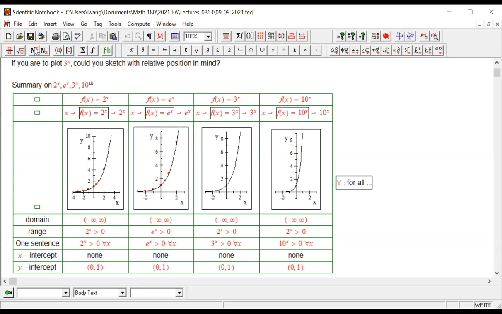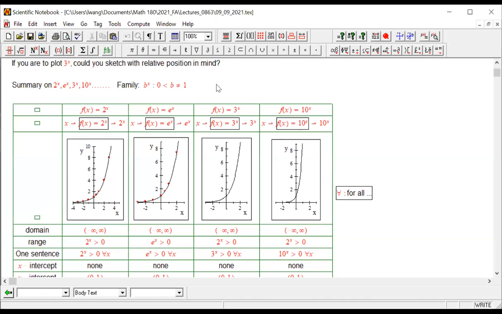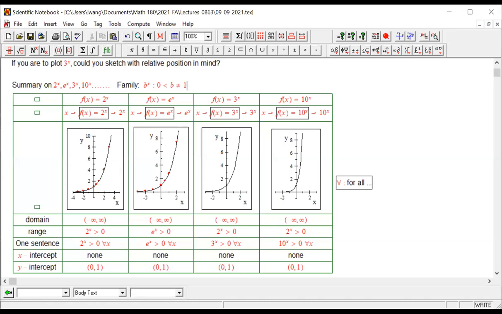We can keep this going on and on forever. So that family is called b to the power of x, with b larger than 0, not equal to 1. That's the family.